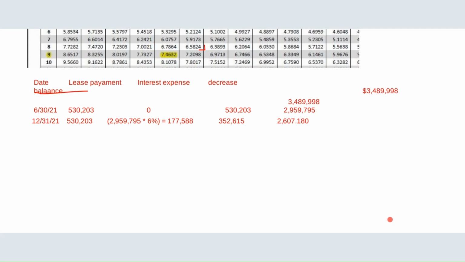That's the amount that we recorded our right of use asset. And we're going to divide it by 4 years. However, the first year we acquired this lease, it was only for half year. So we're going to have to prorate that amortization from June 30 through December 31st. So we're going to have to divide that by 2, right?